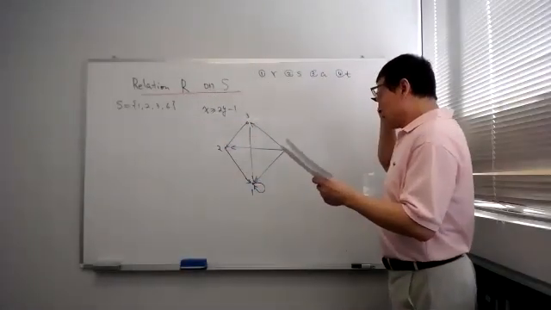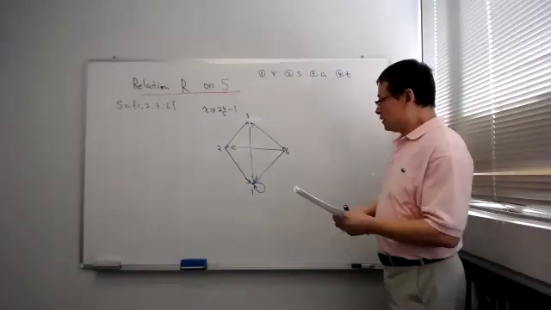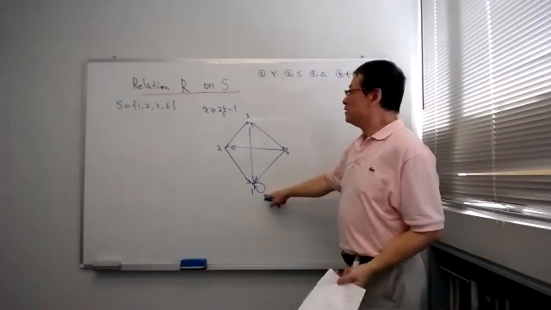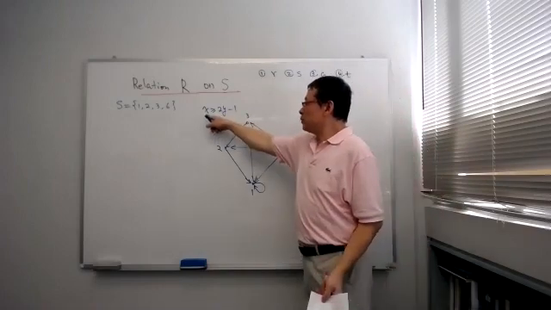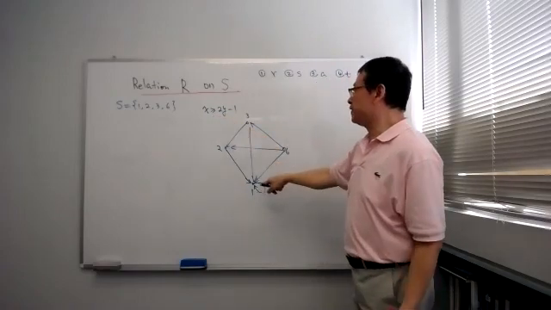Okay, so that's the graph we obtained for this relation, the graphic representation. For example, one is related to itself because if we replace x and y by one, so one is at least one. So one is related to itself.